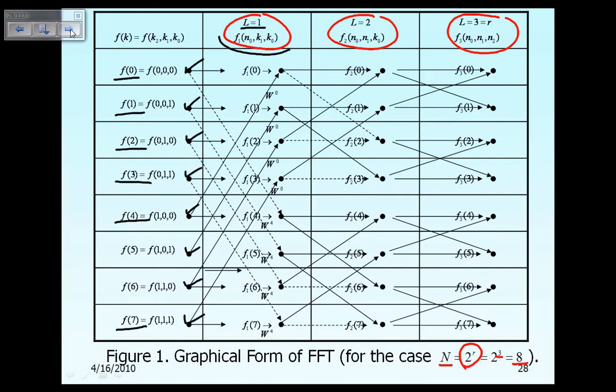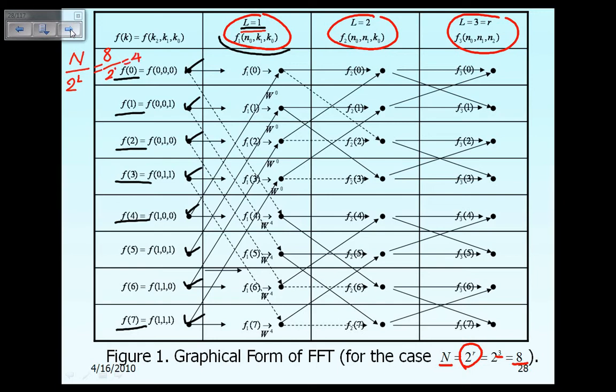For any level L, we have the formula N divided by 2 raised to the power L. In this case, capital N is equal to 8 divided by 2 to the power 1, and therefore this ratio is equal to 4.